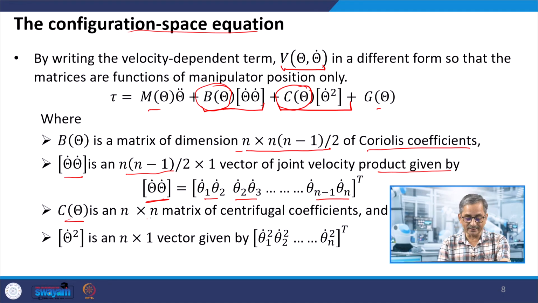Similarly, the c theta, it is a n cross n matrix for centrifugal coefficients, and this theta dot square is a n cross 1 vector given by this way, okay. So, you have the theta 1 dot square, theta 2 dot square, and so on, okay.